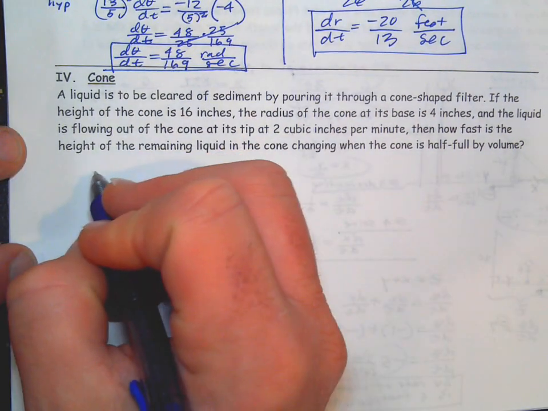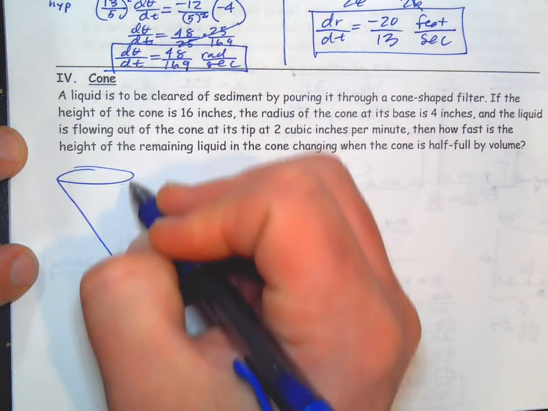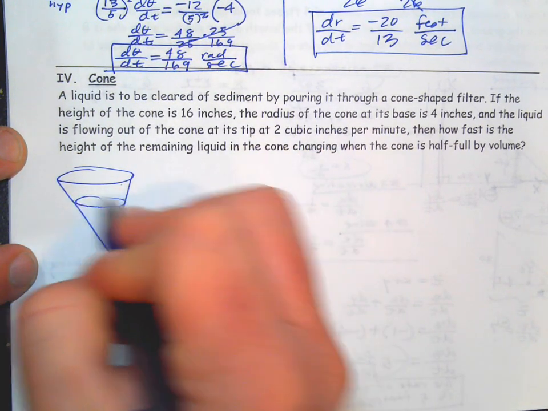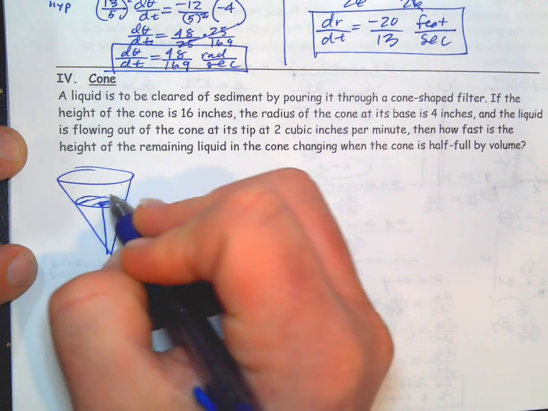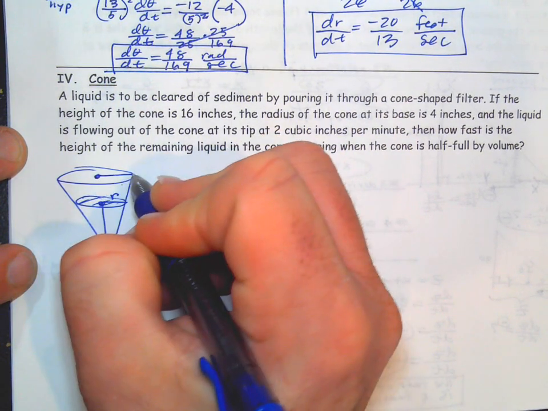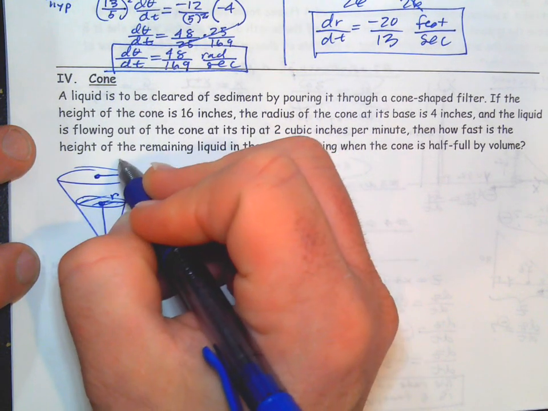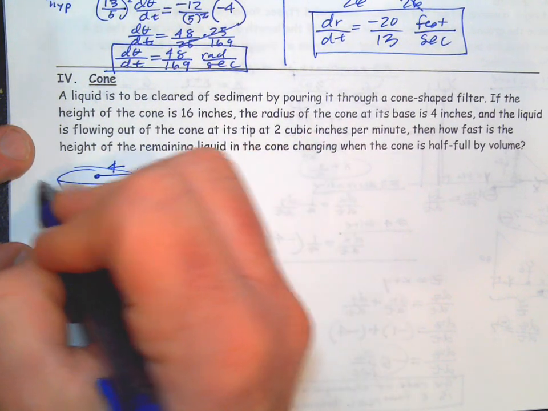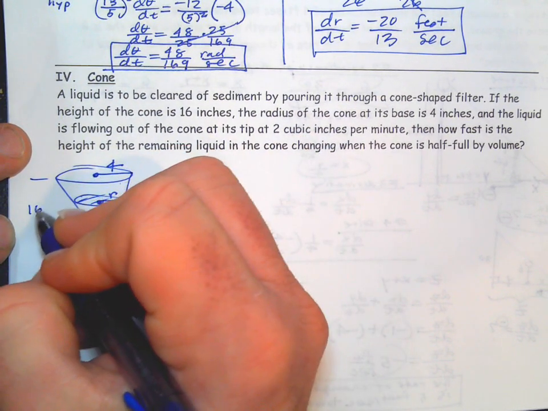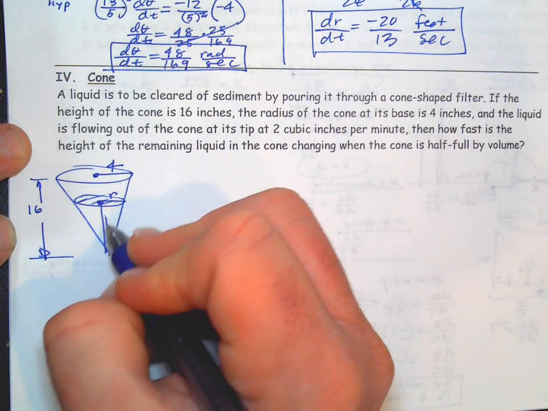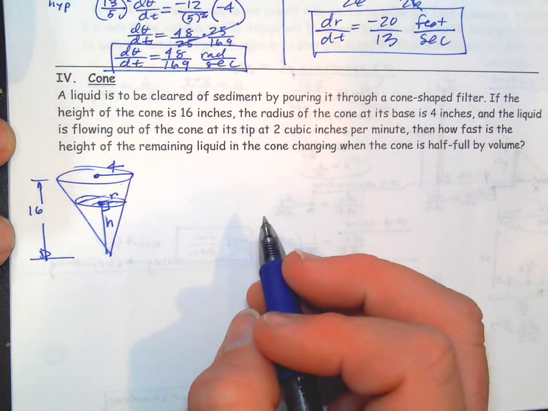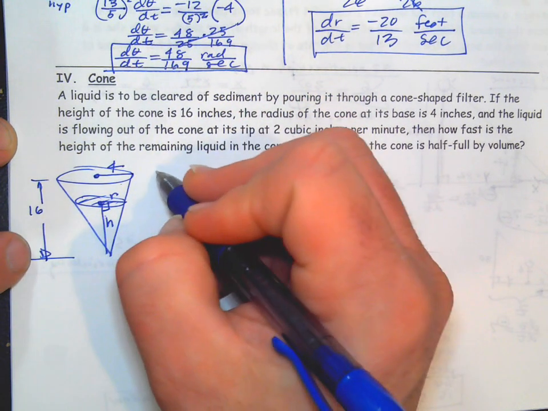Let's draw a picture. So it's an upside down cone that's filtering. There's a certain level of water at some point that has a radius. Now the radius at the top is 4 inches, and the height at the top is 16. And there's a height inside that's changing, and we want to know how fast the height is changing.